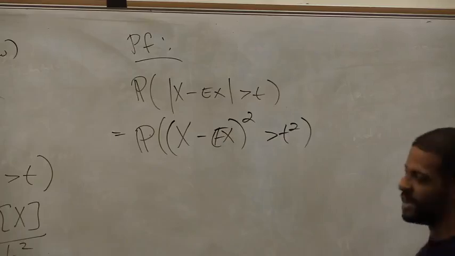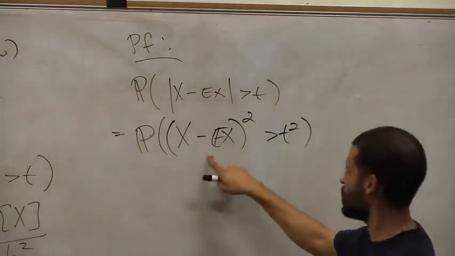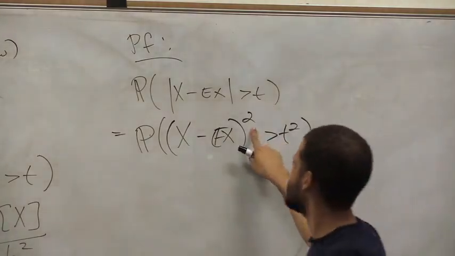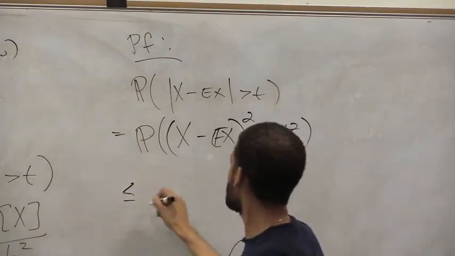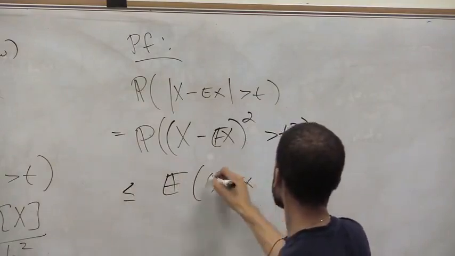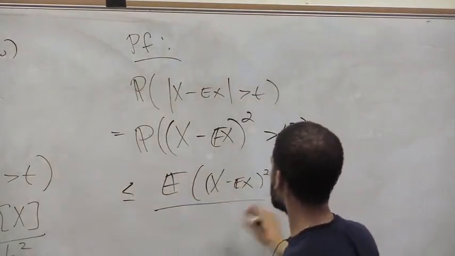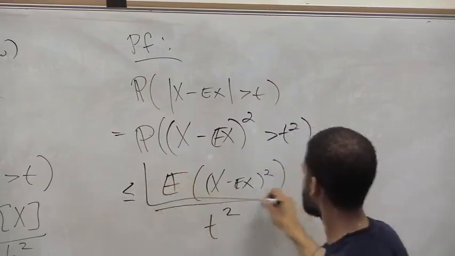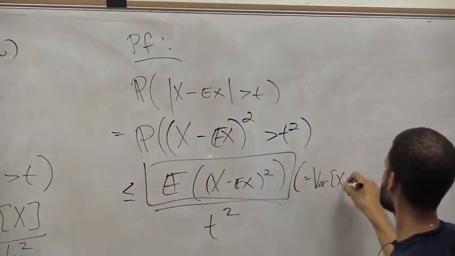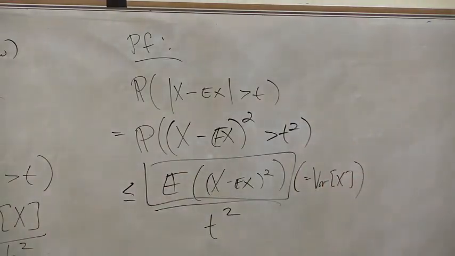And now apply Markov. This is a non-negative random variable because it's something squared, so it's always non-negative. So by Markov, this is at most the expectation of (X minus the expectation of X) squared divided by t squared. But this is also known as the variance.